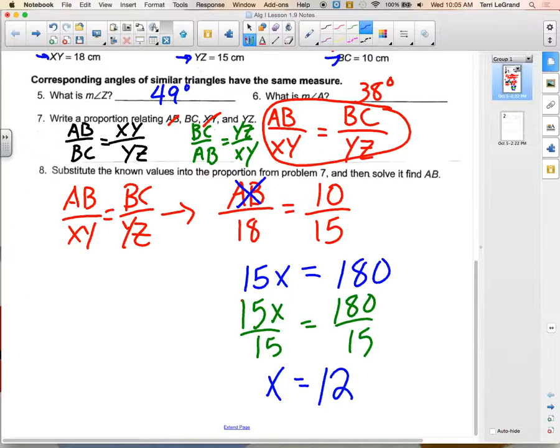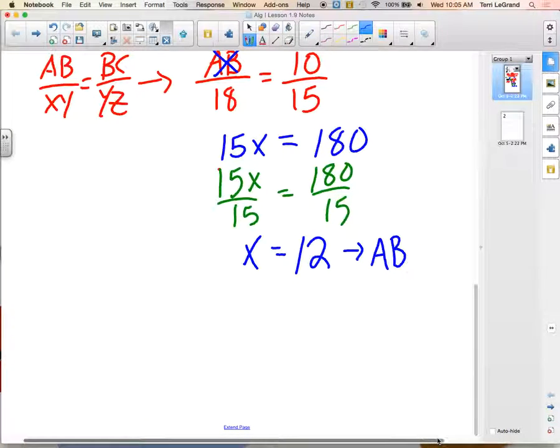And we're going to actually now rename it as the length of AB is what? 12 centimeters. We know they're measured in centimeters. Now, could we have found another way to get this answer without setting up the proportion?